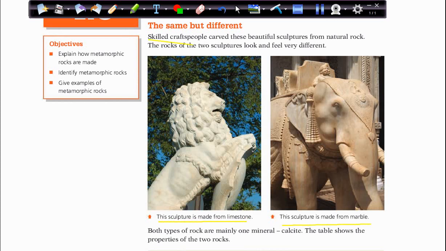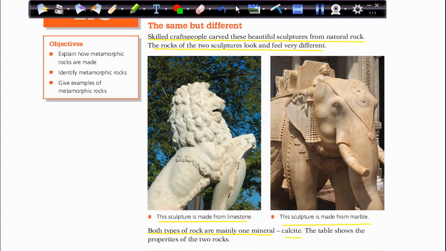Skilled craftspeople carved these beautiful sculptures from natural rock. The rocks of the two sculptures look and feel very different. Both types of rock are mainly one mineral, calcite.